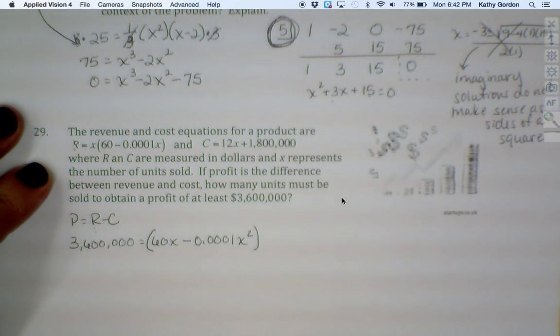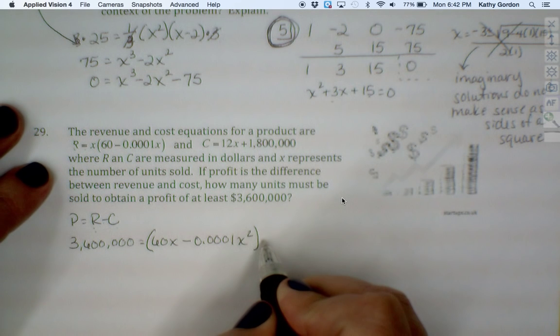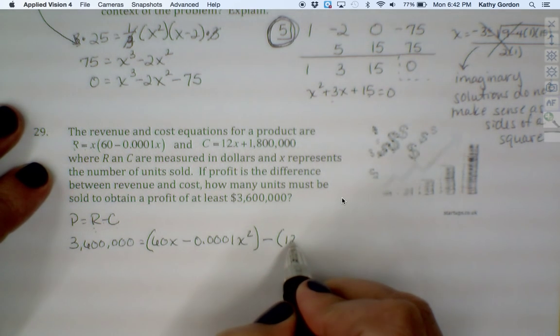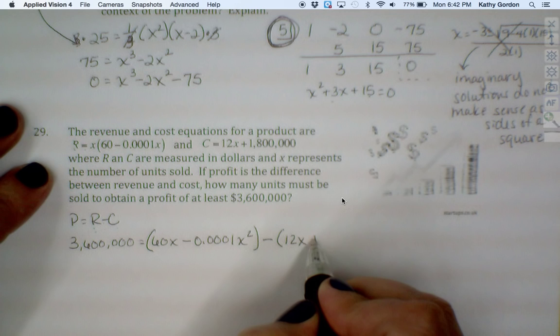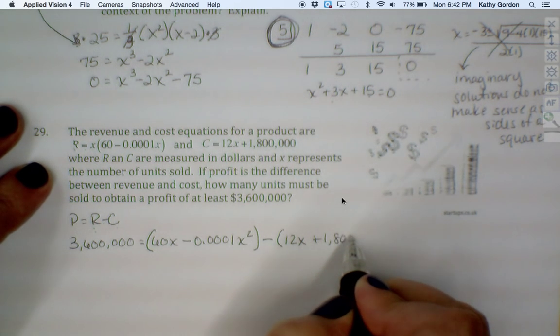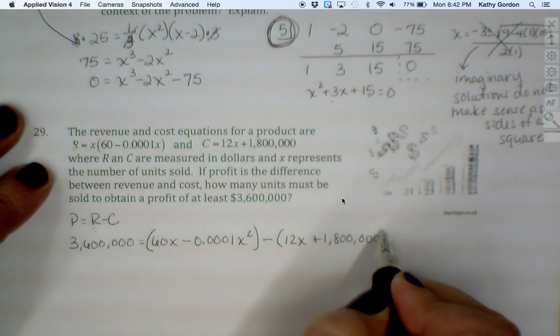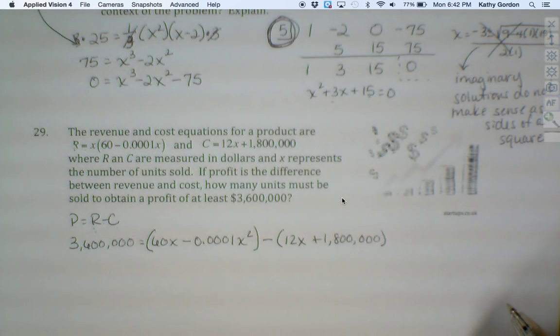So that's revenue. And we're going to subtract from that the cost of 12X plus 1,800,000.